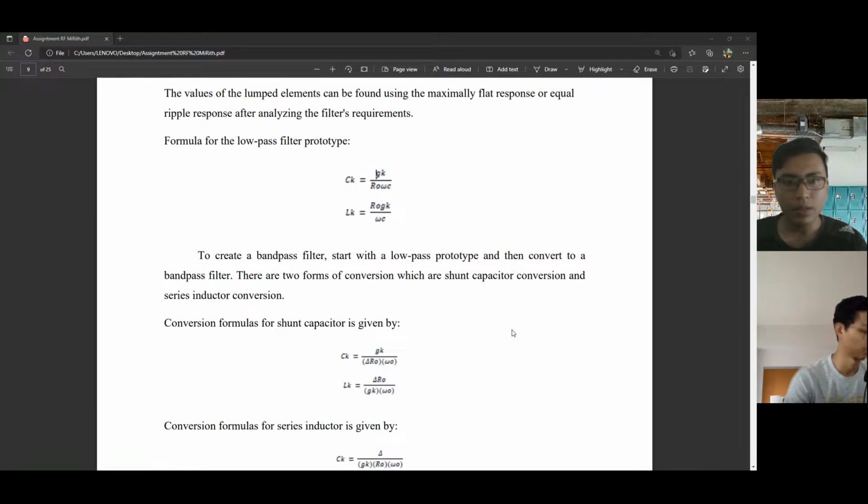So this formula is used for the low pass filter that we want to find using maximum flat response.